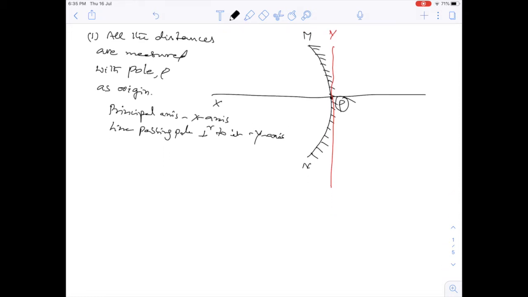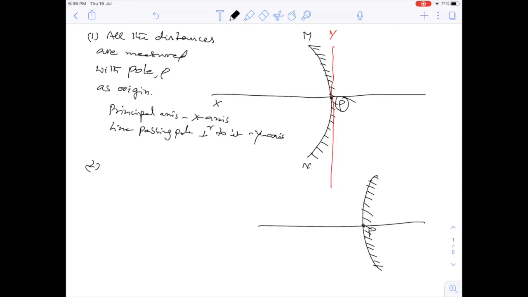Now, the second important point: the object, whether it is a concave mirror or a convex mirror, as we have discussed in my last videos, is always to the left of the pole.